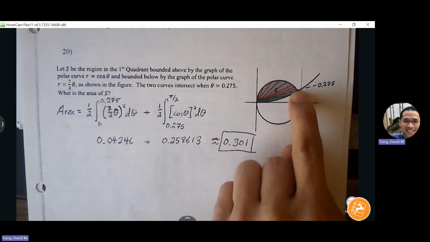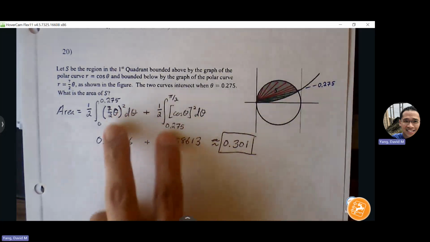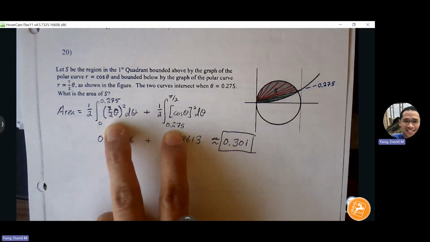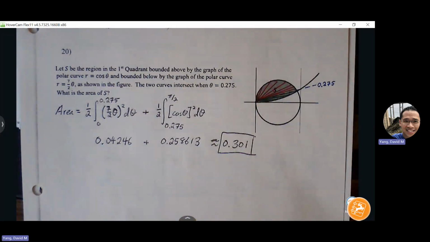But then from 0.275 until pi over 2, I'm hitting the circle. So I need two separate integrals, since the region is made up of two separate graphs.